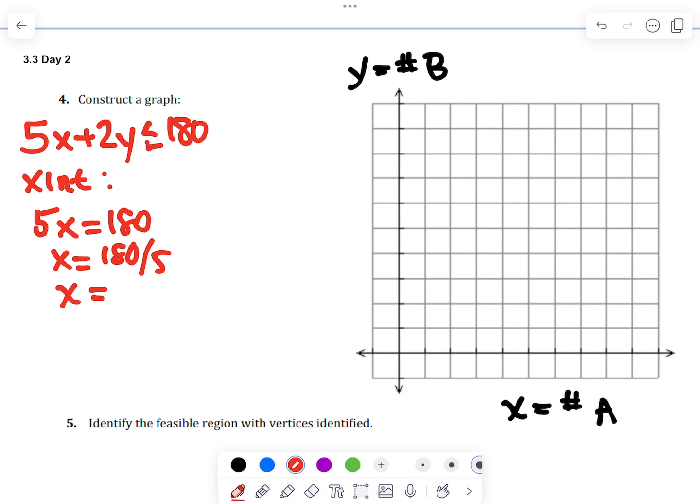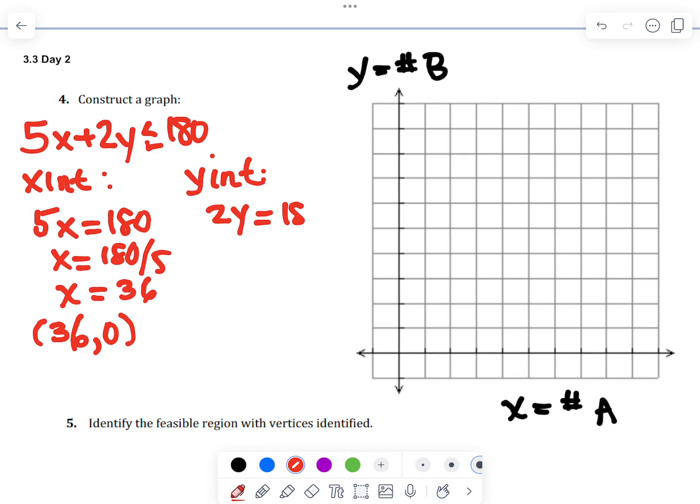So x equals 36. So the x-intercept is 36, 0. The y-intercept, we're going to let x equal 0. So we get 2y equals 180. Divide both sides by 2, and we get 90. So the y-intercept is 0, 90.